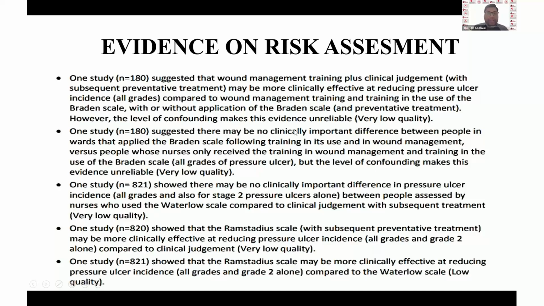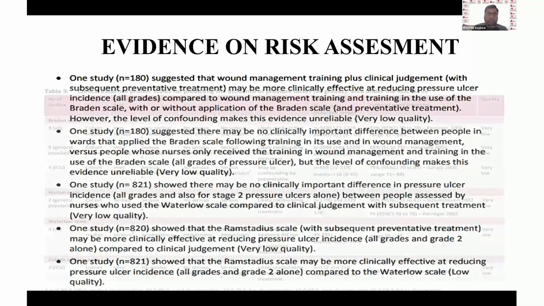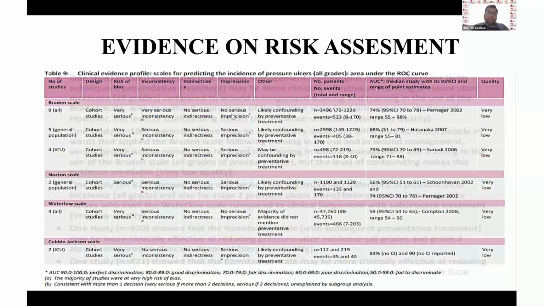In all these studies, it comes out that your scaling part is not that evident when your clinical judgment comes in. So whenever you come on duty, clinical assessment of that patient's bed pressure areas is more important and of higher quality compared to the scale. But when scale and wound management are combined, it becomes a high quality index.